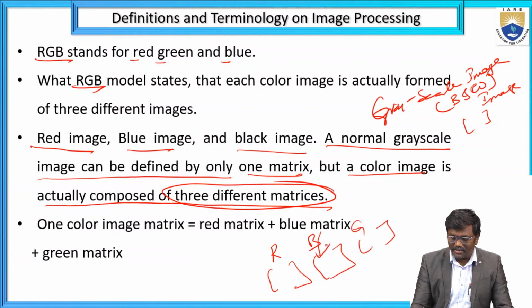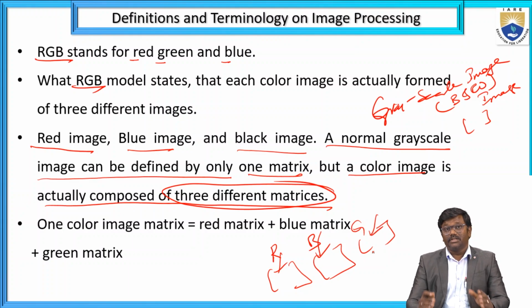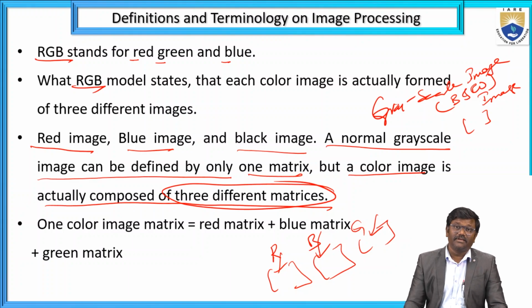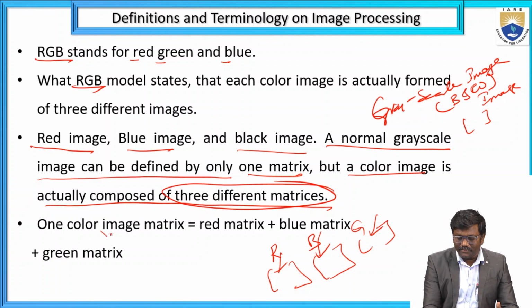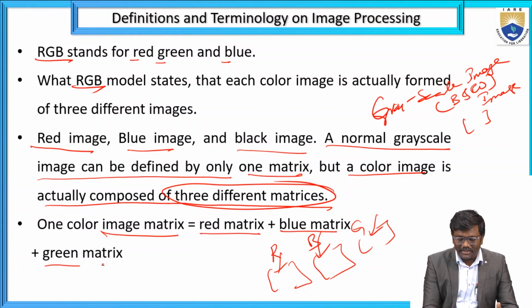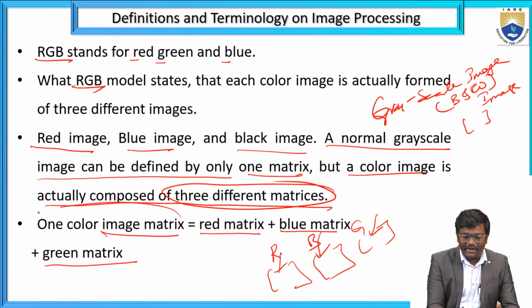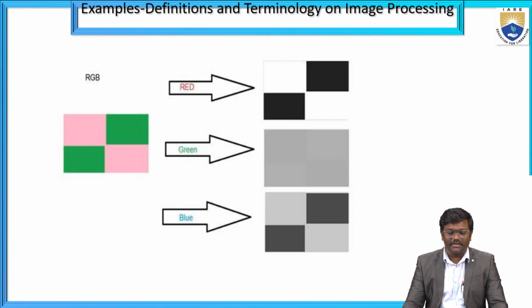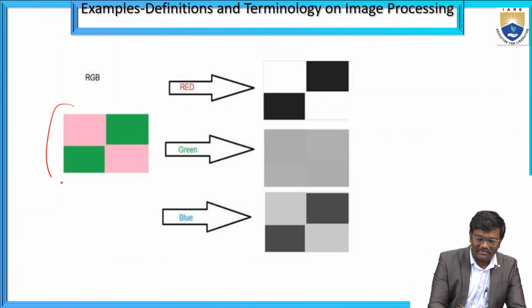Each image has separate matrix values, and each matrix contains the pixel intensity information. So one color image matrix is the red matrix plus the blue matrix plus the green matrix, which we compare as one mixed color image, RGB. Take this grand RGB matrix.